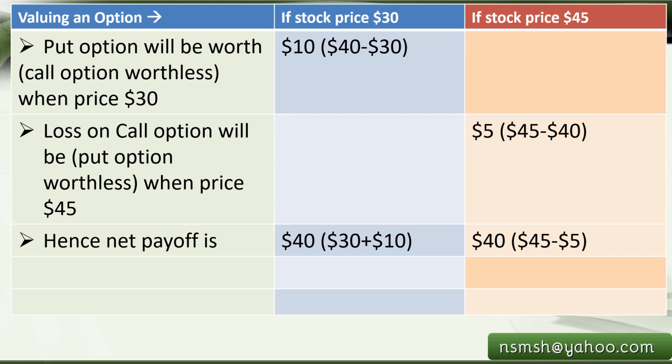But if the market is 45, they will not exercise the put option because the market is higher. But the buyer of the call option will use it, because they sold only the call option. The buyer of the call option will definitely use that because the stock price is high. Therefore they get a loss of $5, because they have to give that.